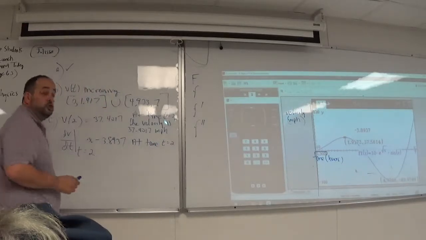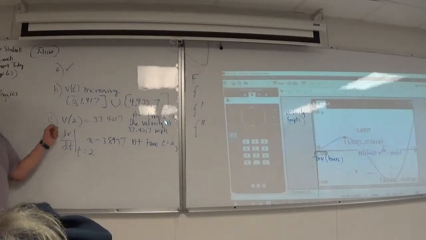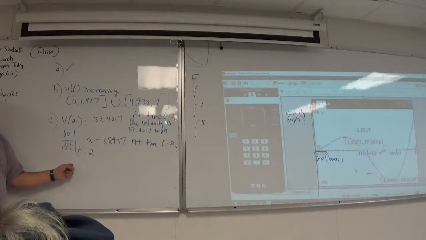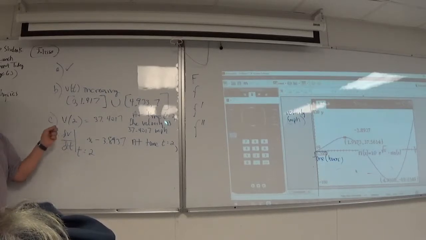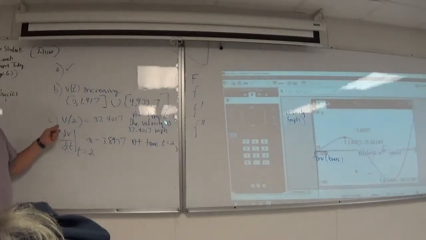At t equals 2, the derivative is a rate of change. Not an average rate of change, an instantaneous rate of change. At time t equals 2, what's the rate? What's the velocity doing?